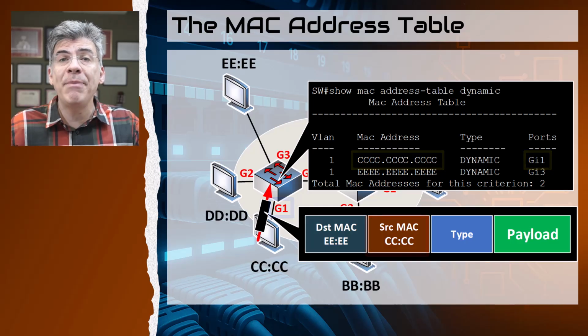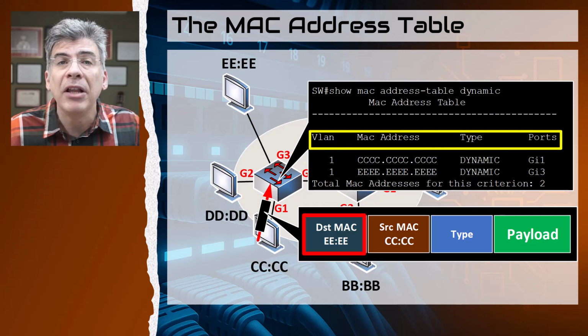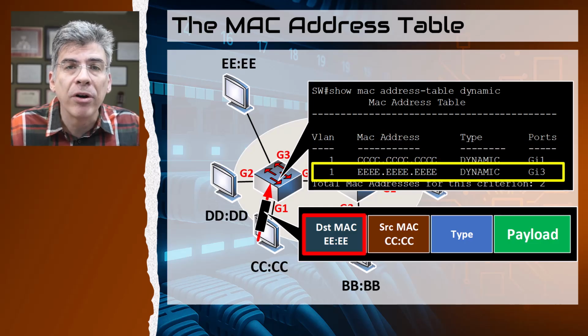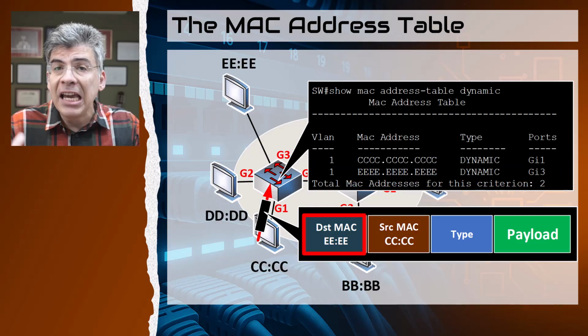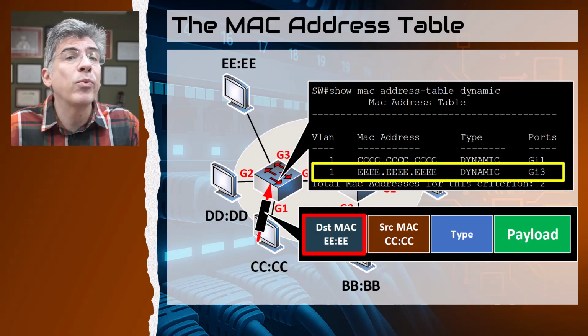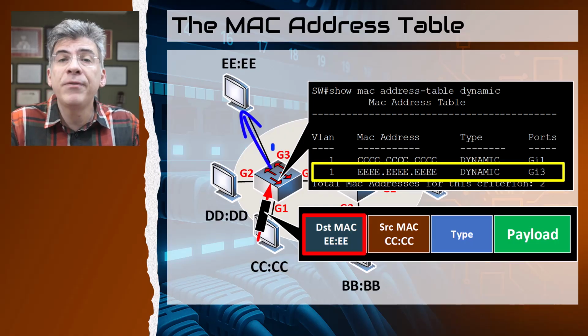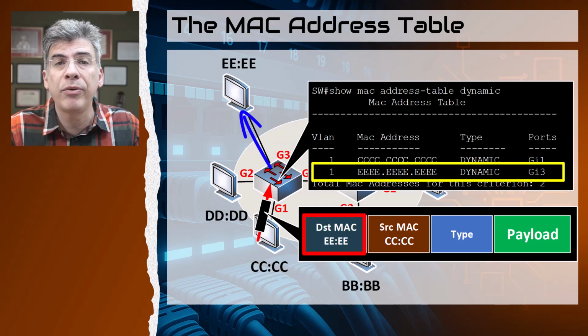Next, the destination MAC address of this transmission is looked up in the MAC address table, and a matching egress port is actually found here, Gigabit Ethernet 3. And this is the entry in the MAC address table that was originally put there from our original frame. So based on this, the frame is forwarded out of Gigabit Ethernet 3.